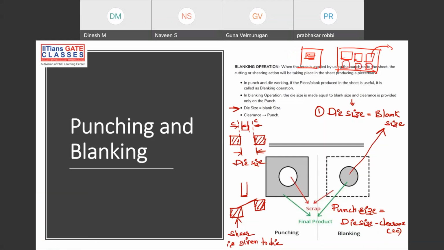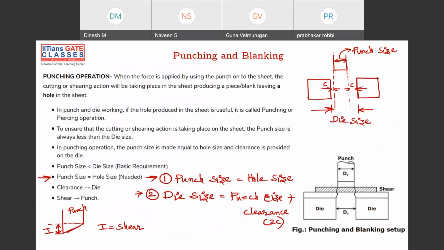And then you use the sticker, and the rest of the part you used to discard. Remember these things? Yes or no? Yeah. So that is what blanking is. You are using the important part, the in-between, the punched one. The other part you are trying to discard. Okay, fine. So now that you understood the differences between punching and blanking, let's discuss the punching operation.